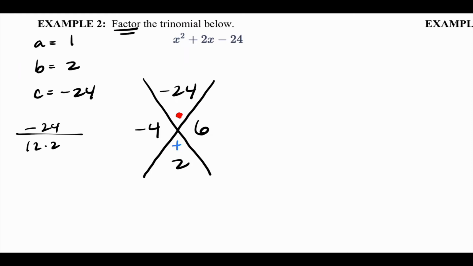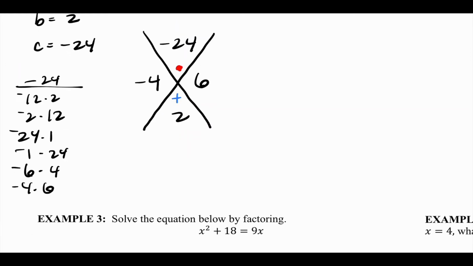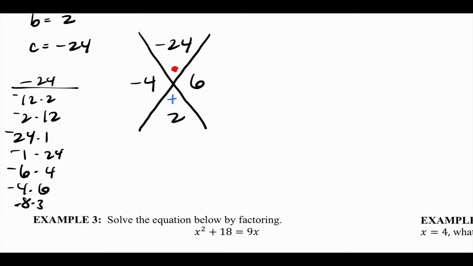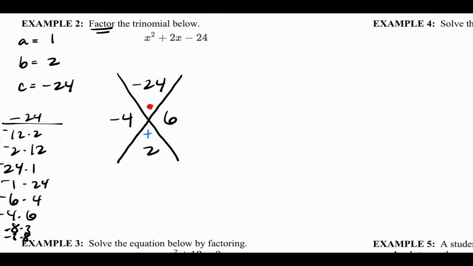See, 12 times 2, -12 times 2, -2 times 12, 24 times 1, -1 times 24, 6 times 4, negative. Make a list like this. -8 times 3, -3 times 8. Make a list like that. Okay? And then you'll see which ones add up to be 2. The only one that would add up to be +2 is this guy right there. Okay? So if you're stuck on that one, make a list. It takes another 30 seconds, a minute, but it helps you.